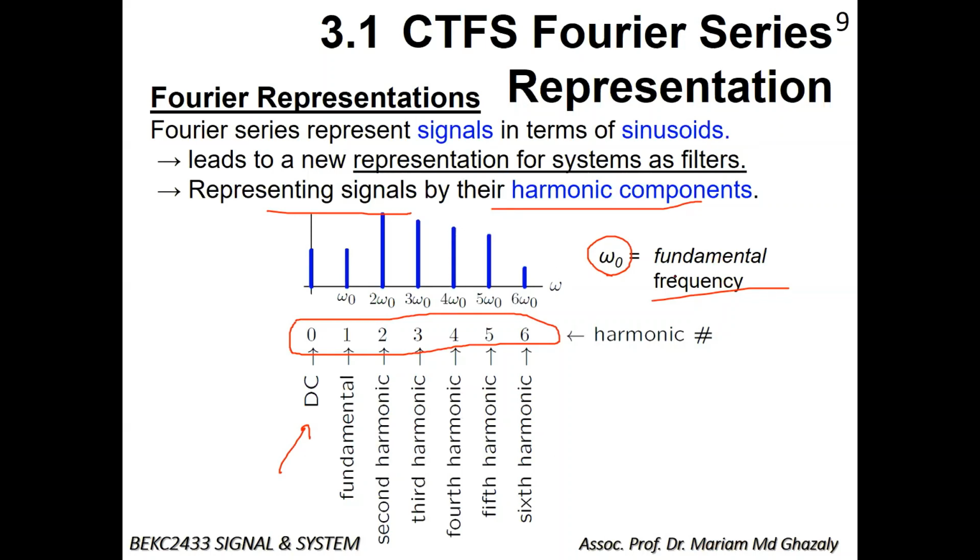Then we have the fundamental, which is omega naught, the fundamental frequency. Then we have the second harmonic, 2 omega naught, third harmonic, 3 omega naught, fourth harmonic, 4 omega naught, and so on. This can go up to infinity.